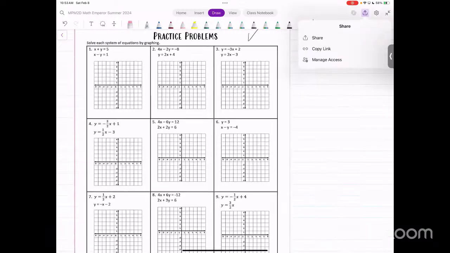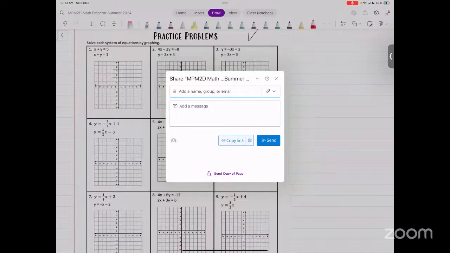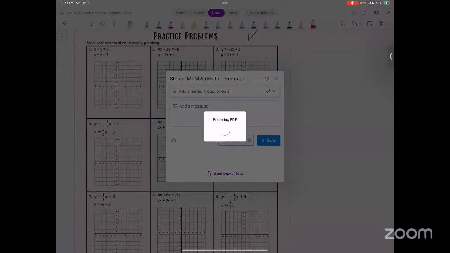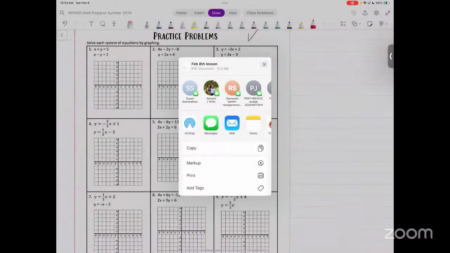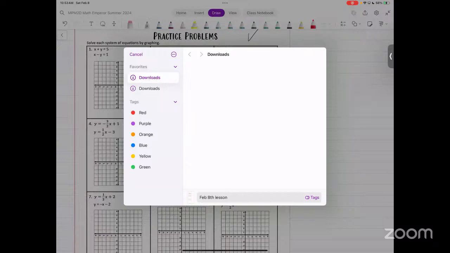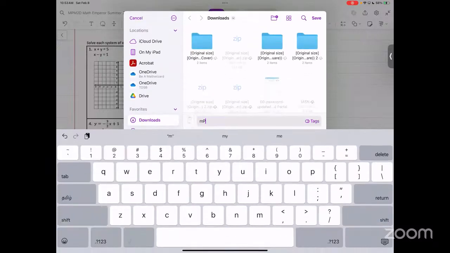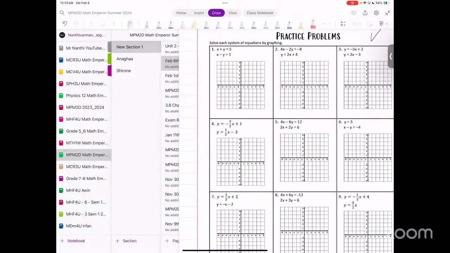So what I'm going to do is send a copy of this page. I'm going to say save to files, February 8 lesson.